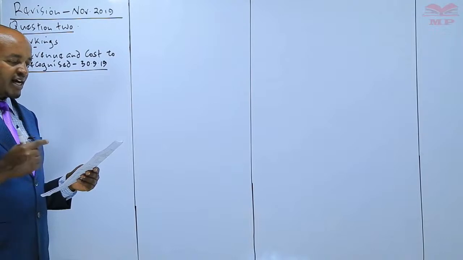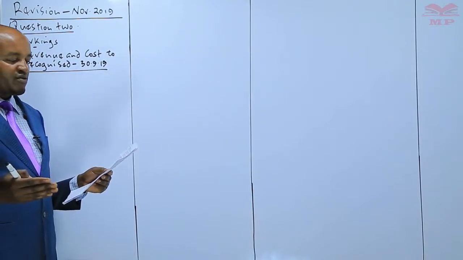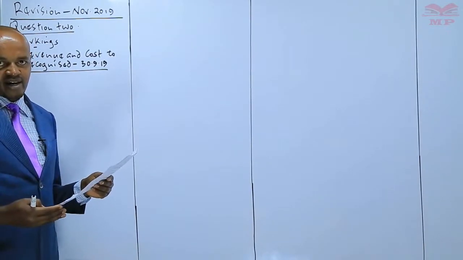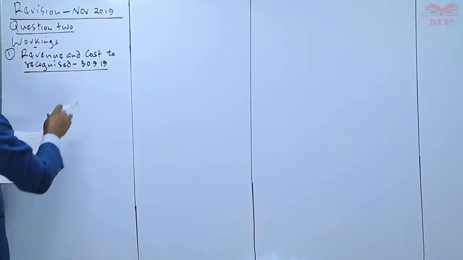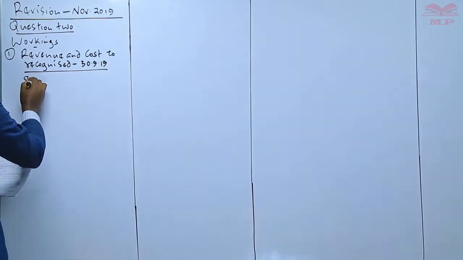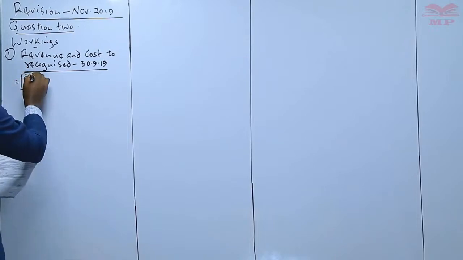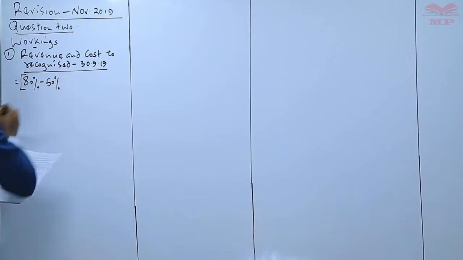And then we are told in the current financial year, the contract was deemed to be 80% complete. So what that means is that the revenue which will be recognized in the current financial year will be equal to 80%, because we are told the contract is 80% complete, minus what was recognized in the previous year, that is 50%.